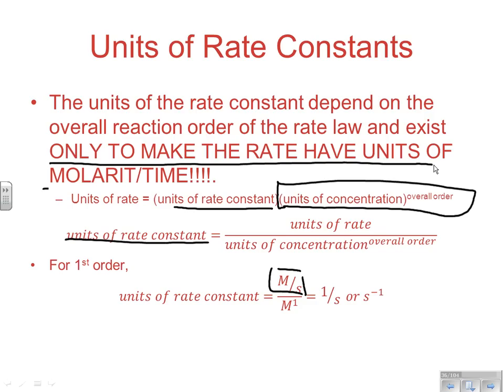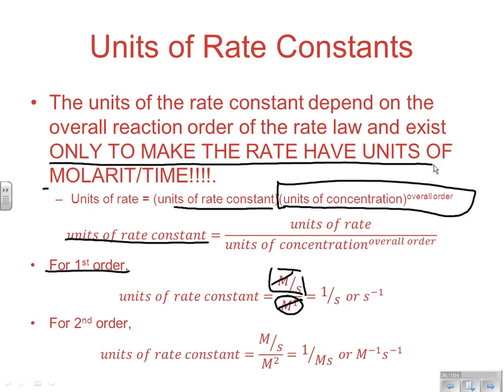The data will tell you which time unit it is. Since it's first order, for units of concentration you have a molarity raised to the first power, so you end up with an M on the bottom. The molarities cancel, and what you're left with is inverse seconds. So for every, and I mean every, overall first order rate law expression, the units of your k value are always going to be 1 over s every single time. And if it's written as s to the negative 1, it means the exact same thing.